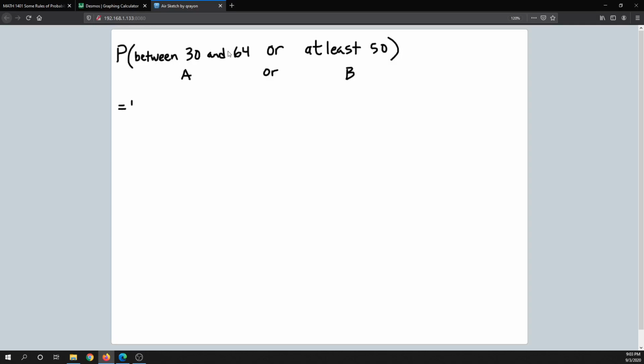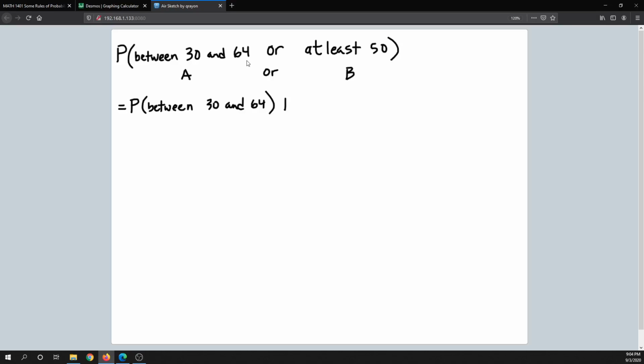would be the probability that the person is between 30 and 64 inclusive. That means including the number 30 and the number 64.